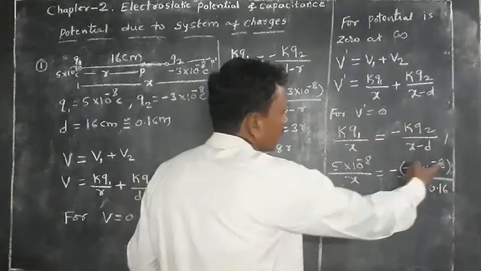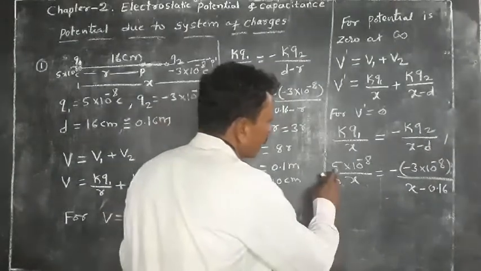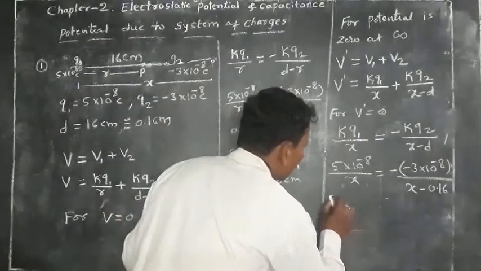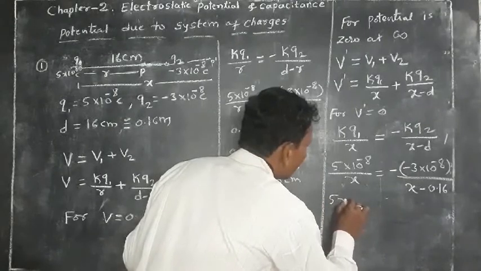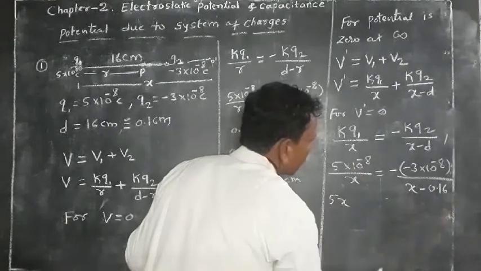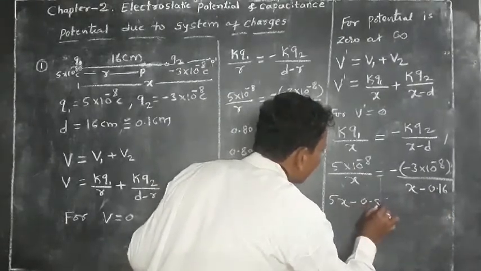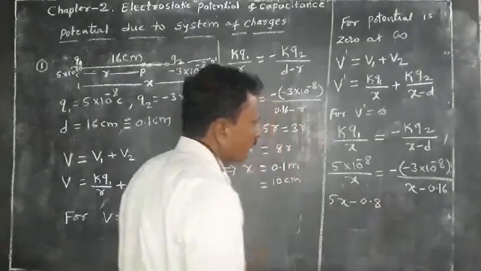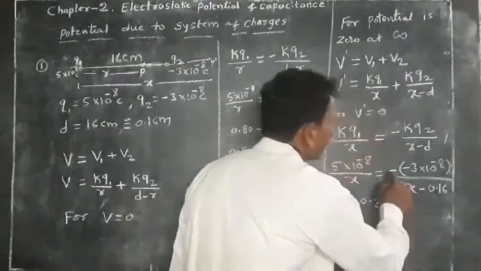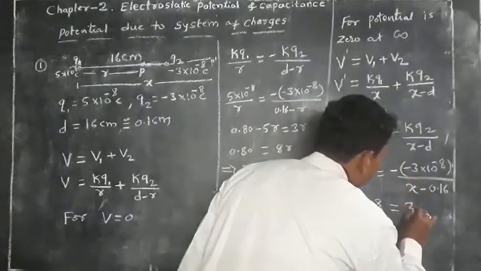Here 10 raised to minus 8 gets cancelled. Now cross multiplying, 5 into x, 5x, 5 into minus 0.16 is minus 0.8. That is equal to, here minus into minus plus, 3 into x, 3x.